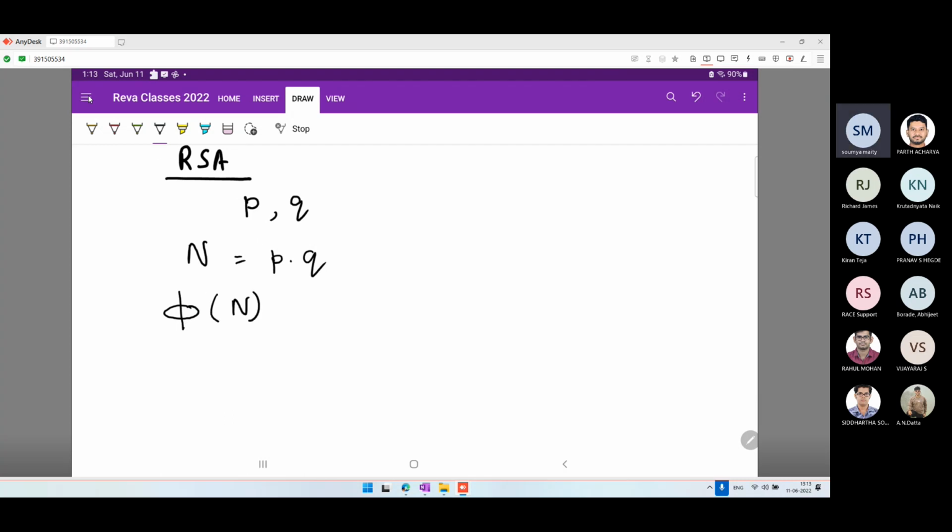Unless I have created this P and Q, I know the value of phi of n, which will be (P minus 1) into (Q minus 1). But nobody else in the world can easily find the value of phi of n. Till here it is clear, right?